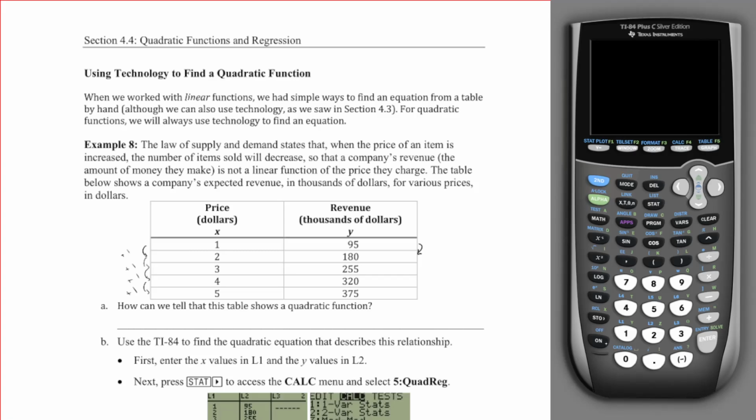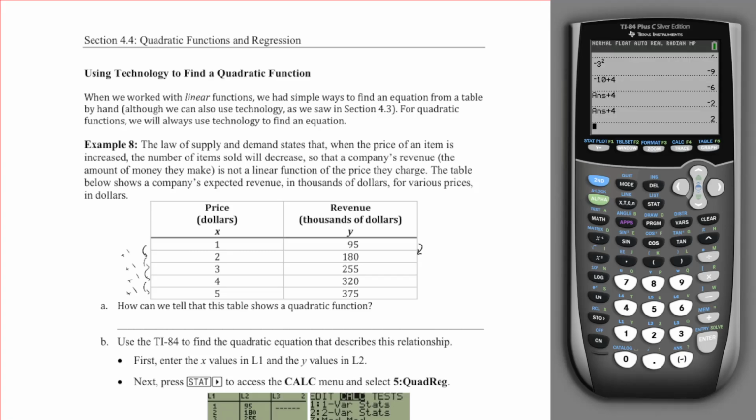So 180 minus 95. So first row, we're adding 85. 255 minus 180. Okay, then we're adding 75.